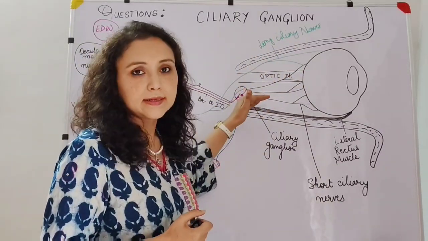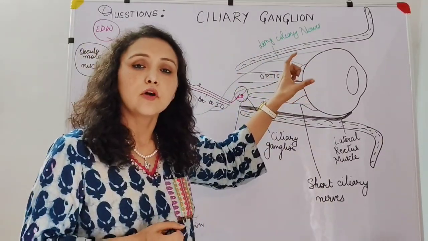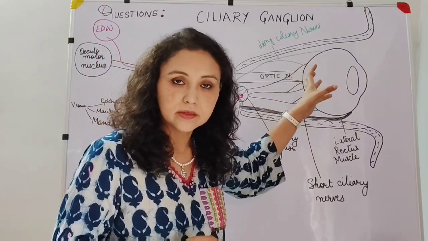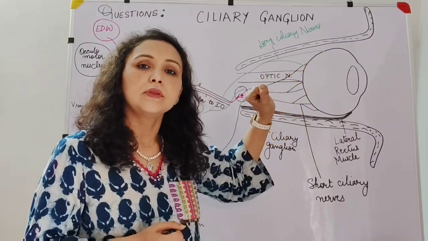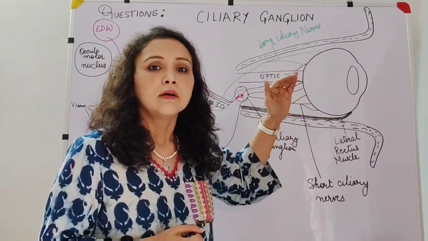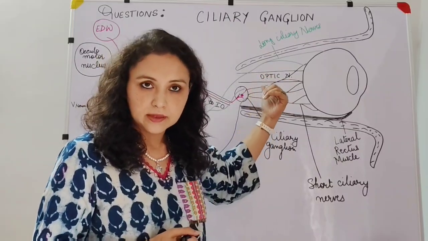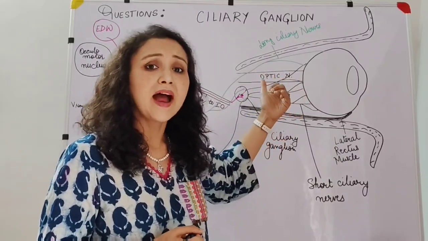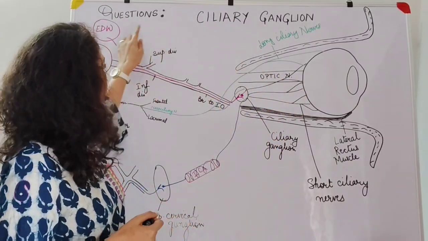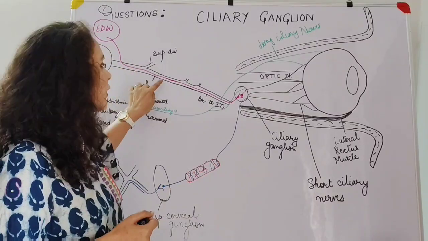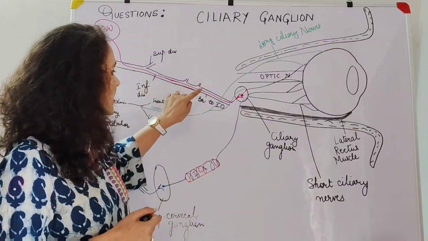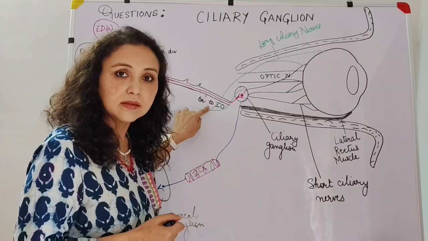You can easily write down that these two functions, accommodation and the constriction of pupil, both are functions of the parasympathetic autonomic nervous system, and its preganglionic fibers are carried through the oculomotor nerve and its branch to inferior oblique muscle.